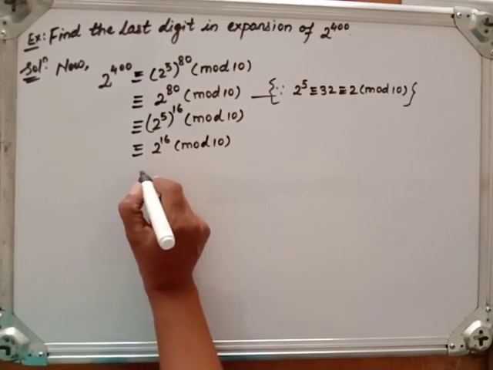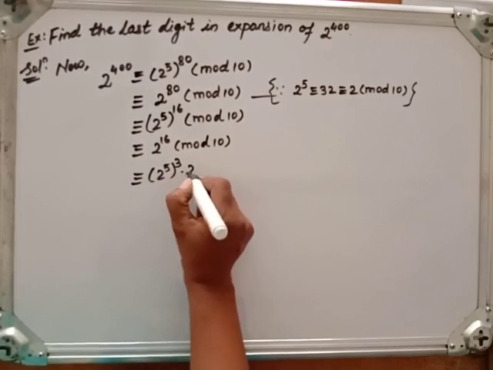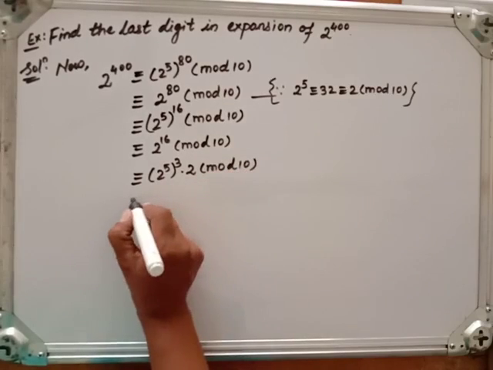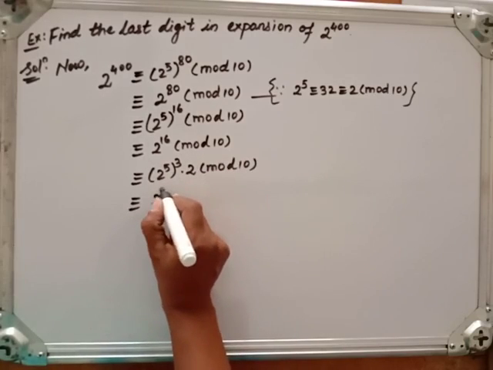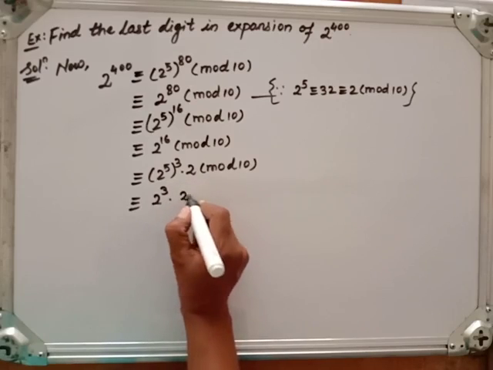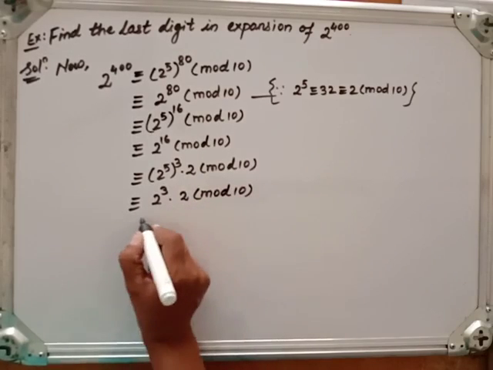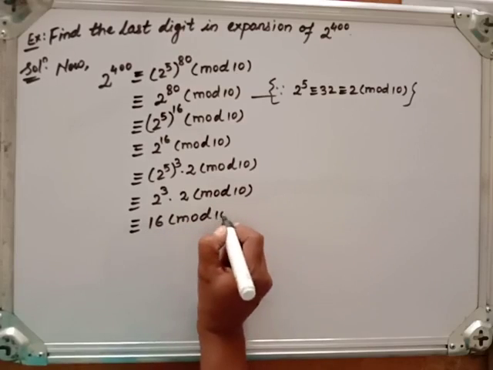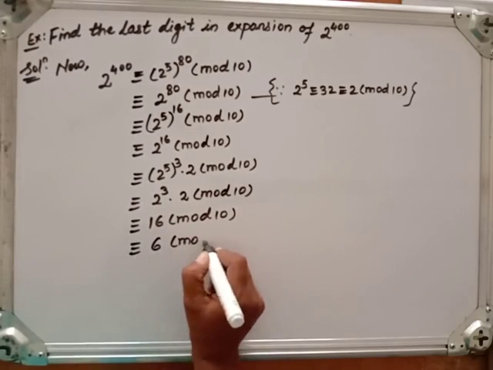Now this is again 2 raised to 5 cubed times 2 modulo 10. So 2 raised to 5 is again 2, so 2 cubed times 2 modulo 10. So 2 cubed is 8, times 2, so that will be 16. 16 modulo 10, and 16 modulo 10 is how much? 6 modulo 10.